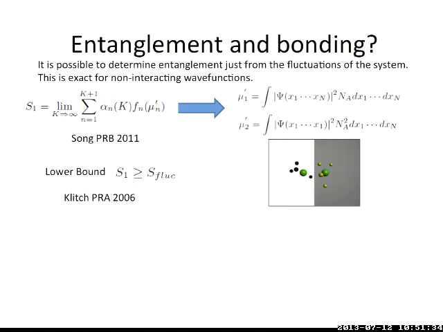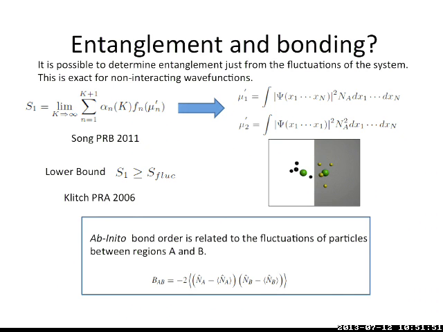OK. And what was shown in actually 2006 is that the fluctuation method for an interacting system is a lower bound for the actual entanglement entropy of the system. And I'll show you why that's important to me on the next slide. But here's the thing.